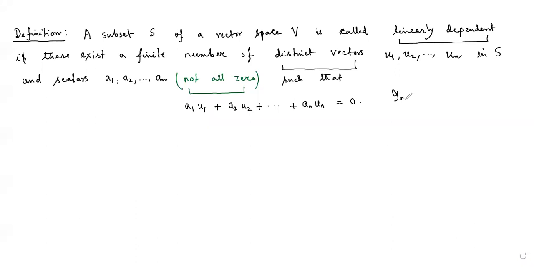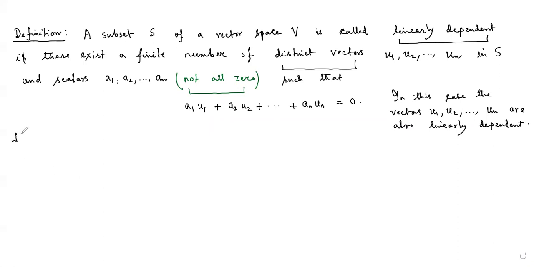In this case, the vectors u1, u2, ..., un are also linearly dependent. Okay.